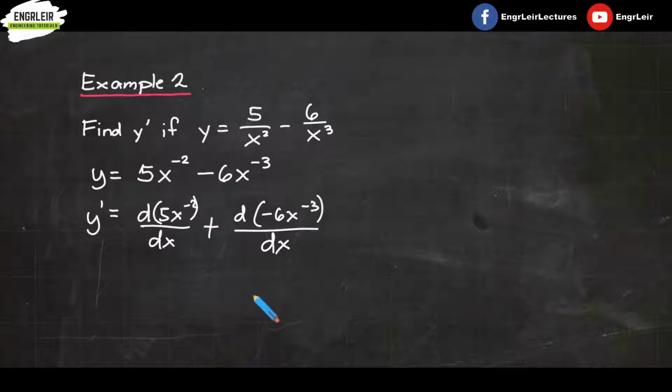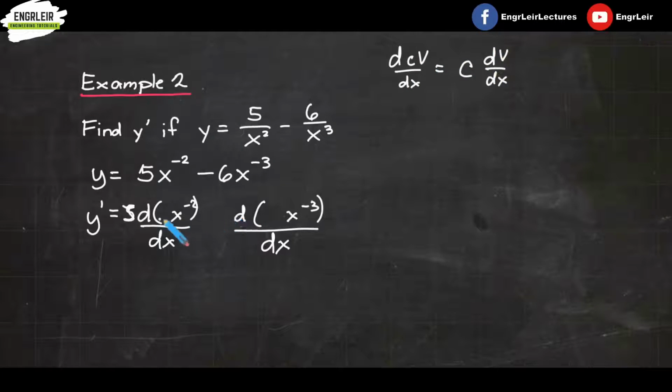Now, if you are already used to the basic rules, actually, those coefficients, you can extract them out. Because, remember, we have a rule that the derivative of cv, where c is a constant, you can extract the constant outside of the derivative. So I'll take out the 5 and here, the negative 6, I'll take it out of our derivative operator.